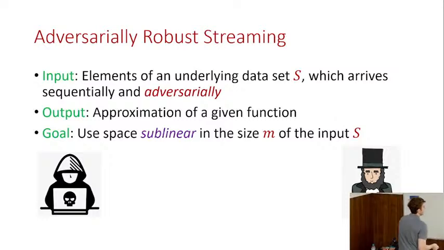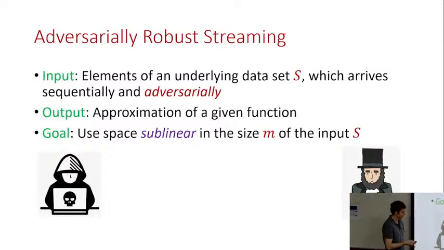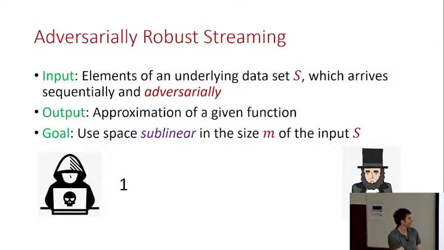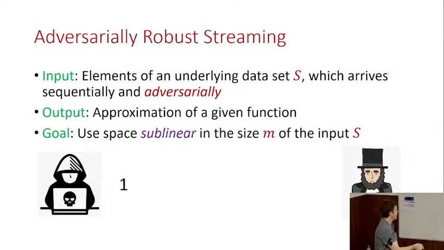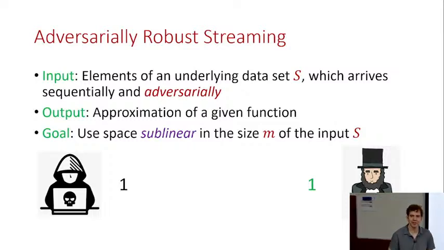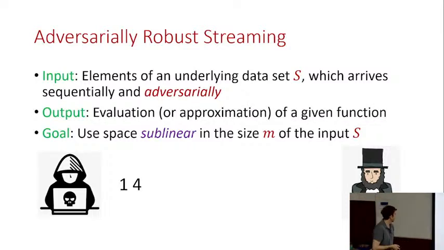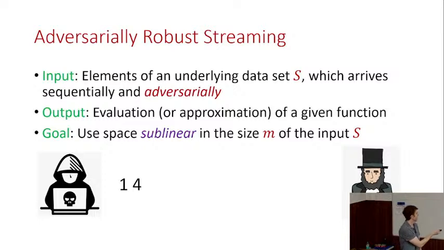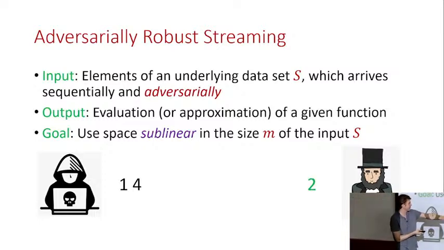So think of some adversary as generating the stream and giving it to the streaming algorithm. So it generates the number 1, and the streaming algorithm says, okay, there's one distinct element so far.